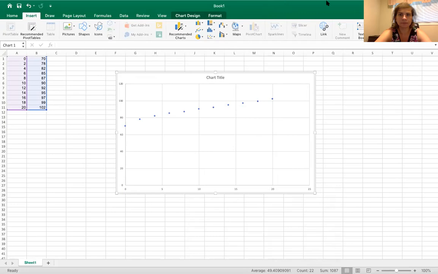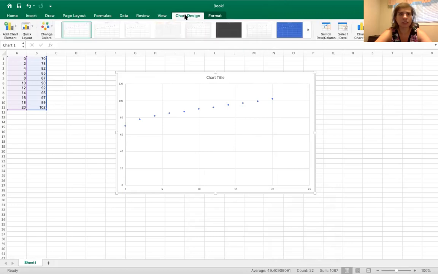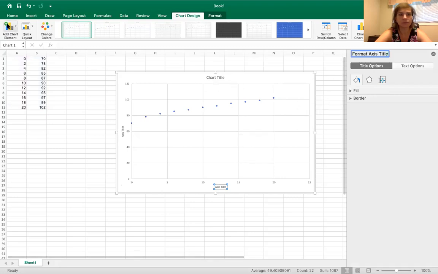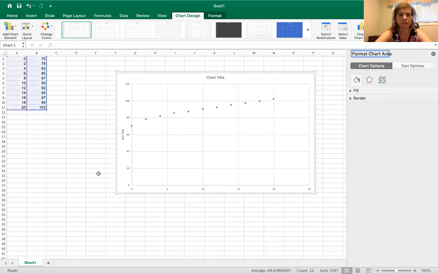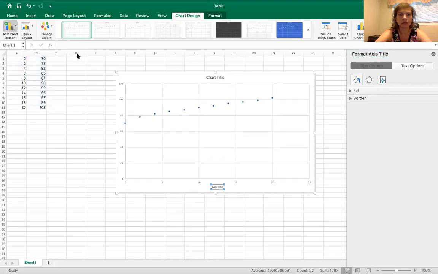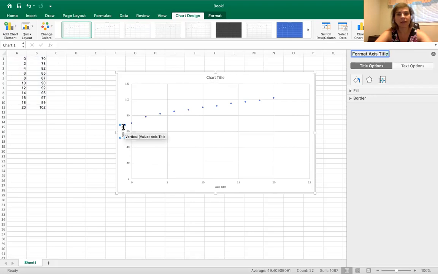Chart Design, and then you can add a chart element, and you can add an axis title. You can pick both of them. So the horizontal and the vertical, okay? So we added them. So we know that this is the heart rate.